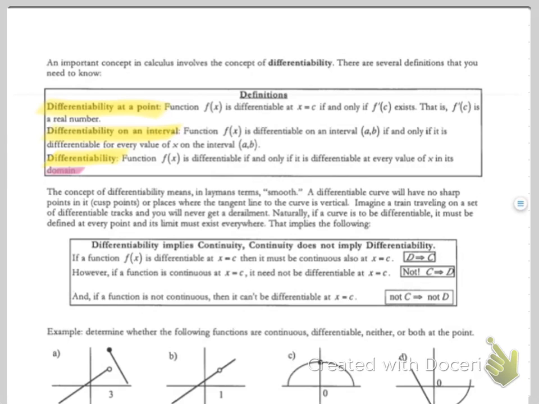Or in other words, it's going to be smooth, okay? A differentiable curve will have no sharp points in it, or cusp points, or places where the tangent line to the curve is vertical. None of our corners, cusps, jumps and holes. Imagine a train traveling on a set of differentiable tracks, and you will never get a derailment. That's a nice little analogy.